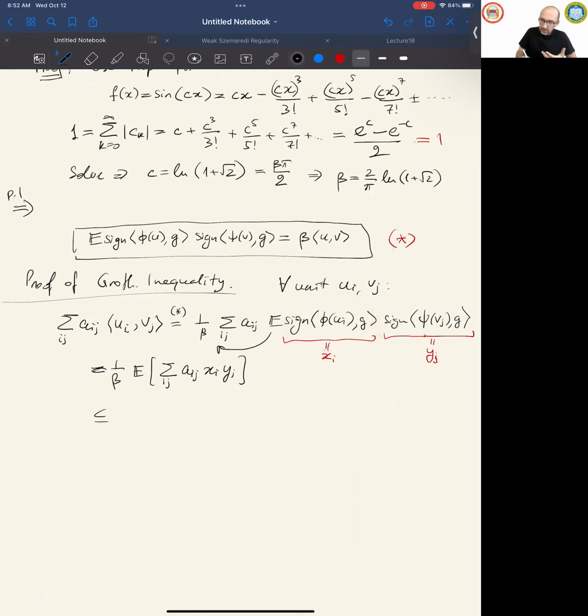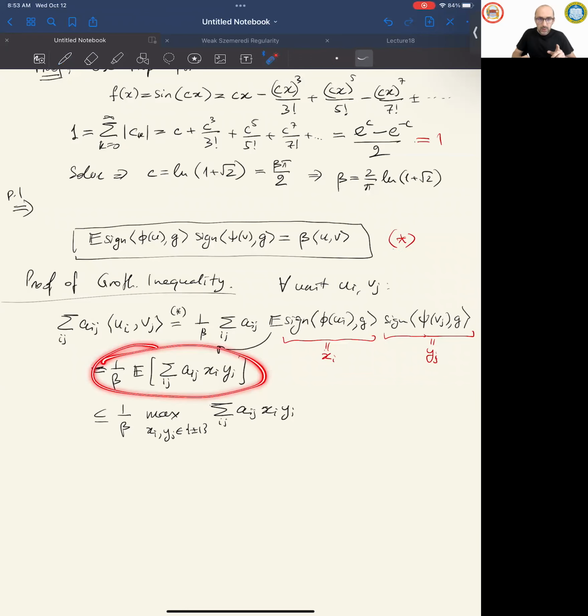But of course, we can bound it by the maximum over all possible plus or minus ones xi, yj. Is this step clear? Yeah. Here we have specific xi's and yj's, and of course, we can only increase it if we maximize over all possible xi's and yj's. And that's it. Yay. This is Grothendieck's inequality.